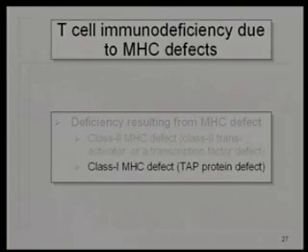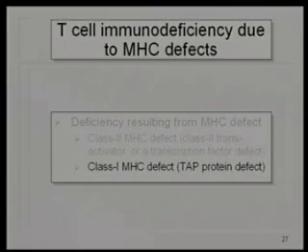In the case of class 1, there is a transport-associated protein that takes those cell peptides to the endoplasmic reticulum, where the protein is being synthesized. And if there is no transport protein, these peptides will not reach there.